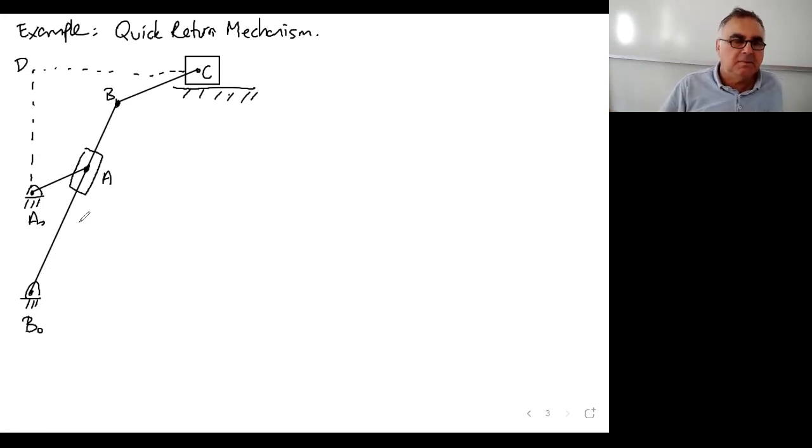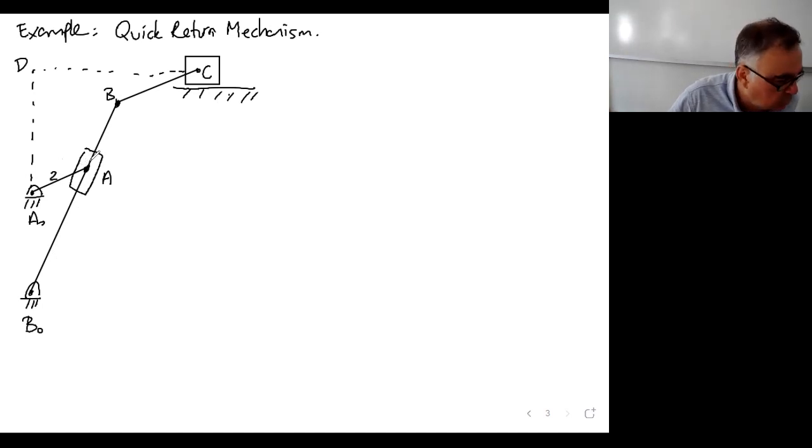Okay, and it makes this slider C go back and forth. And usually the way it returns is much faster than the way it goes in one direction. So let's try to enumerate.